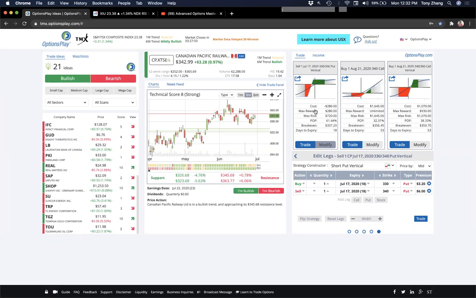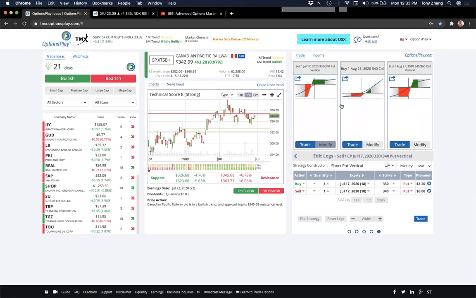Now, Canadian Pacific Railway doesn't list weekly options, which makes it sometimes a little more difficult to find stocks or trades that you're looking for. So this is an example or an exercise where I might like the stock quite a bit, or maybe I like the technical setup of the trade, but I may not always be able to find an option strategy that best suits my views.